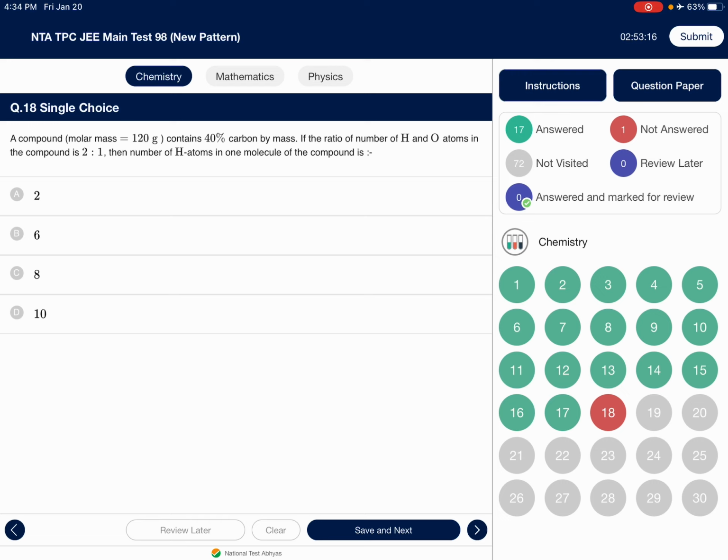Let us check. A compound has molar mass 120 and 40% carbon by mass. Find the total number of hydrogen atoms in the molecule. 40% means 100 grams contains 40, so 120 contains 120 into 40 by 100, which is 48. 48 grams is carbon.